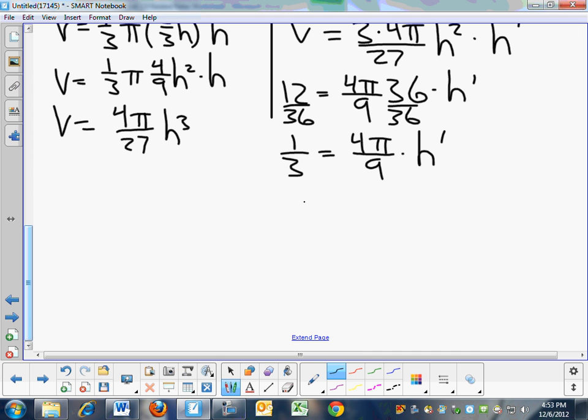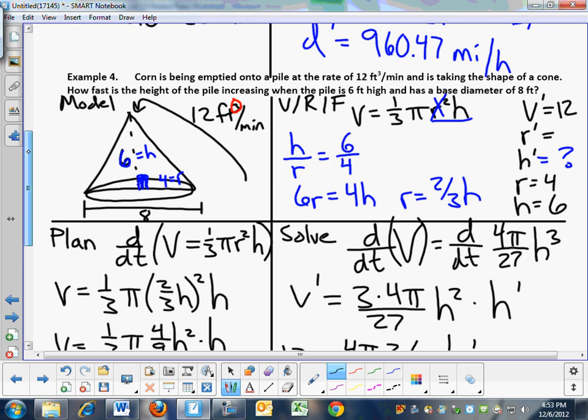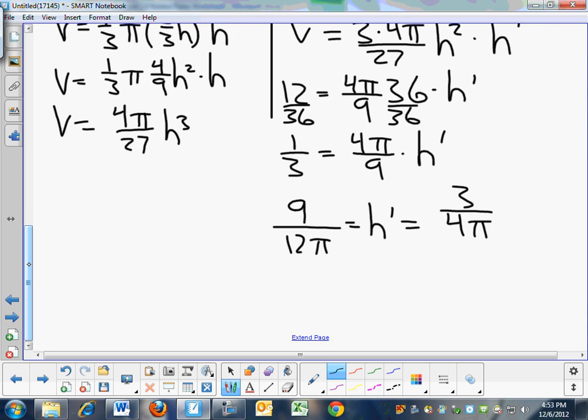Multiply by the reciprocal. 9 over 12 pi equals h prime. 9 over 12 simplifies to 3 over 4. So the height is increasing at a rate of 3 over 4 pi, and we are in feet per minute.